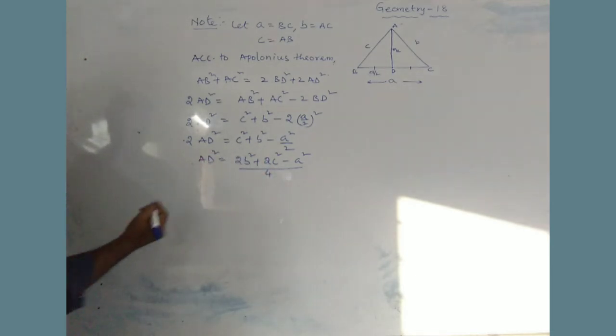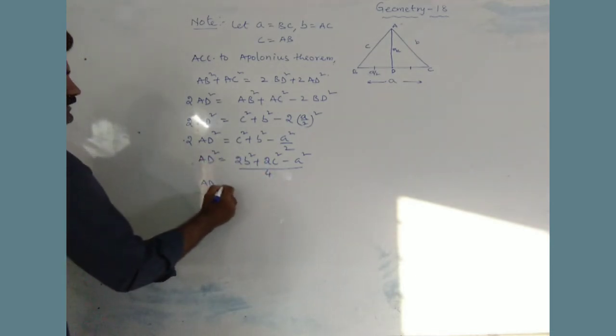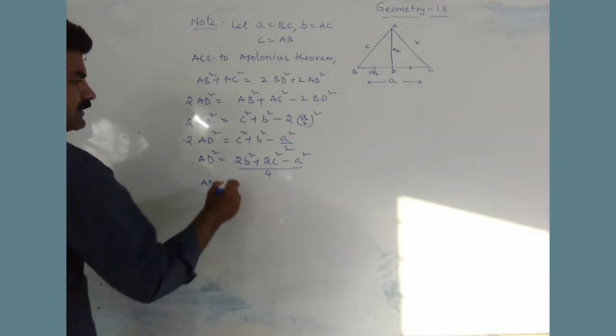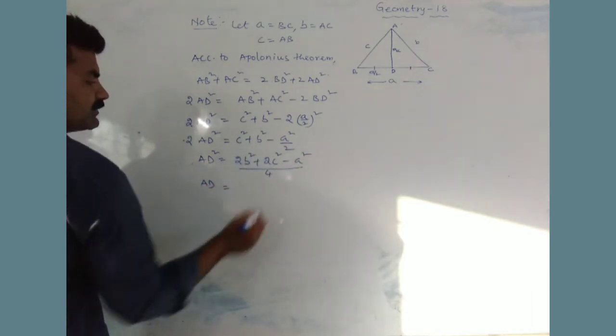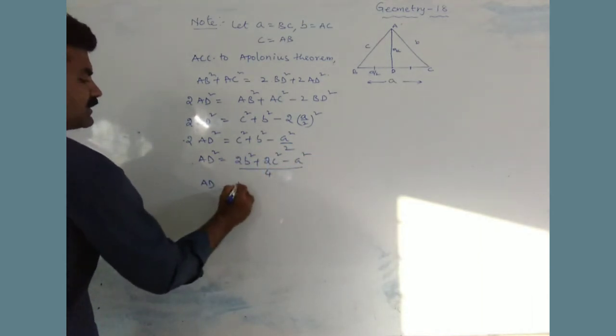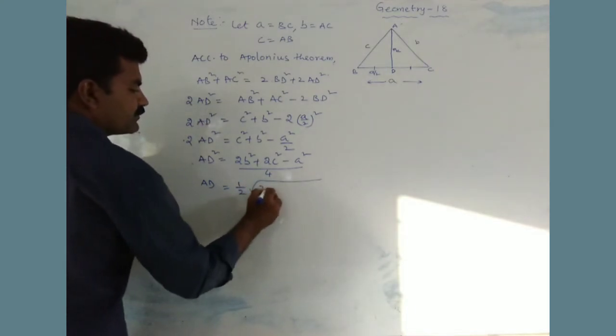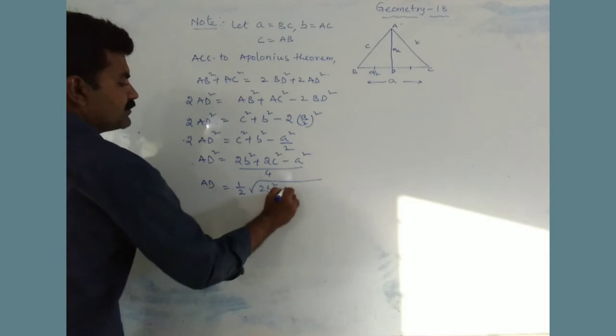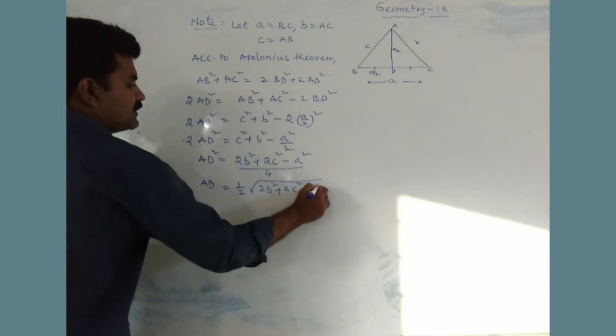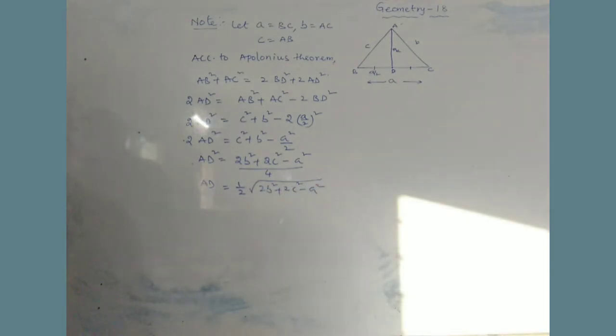Now from this I want AD, so AD is the square root of that. The square root of 1 by 4 I can write as half, so AD is half into the square root of 2b square plus 2c square minus a square.